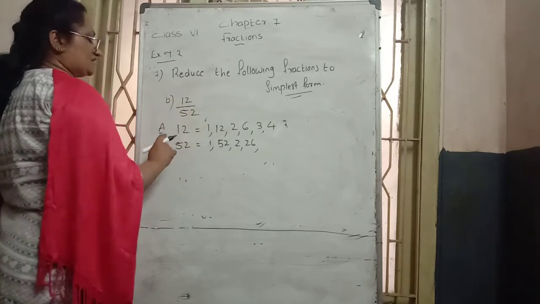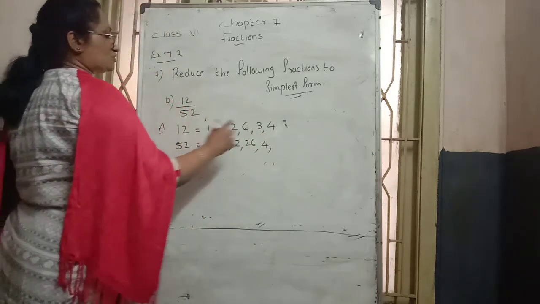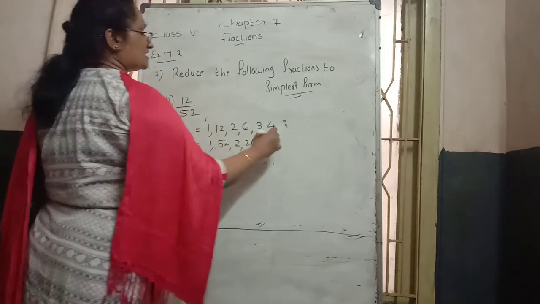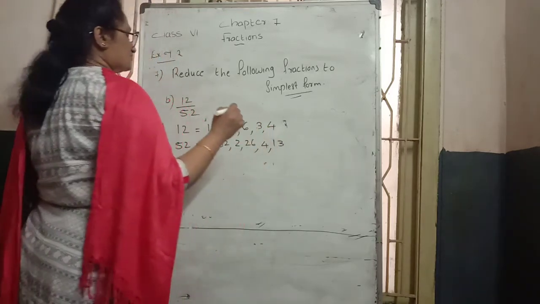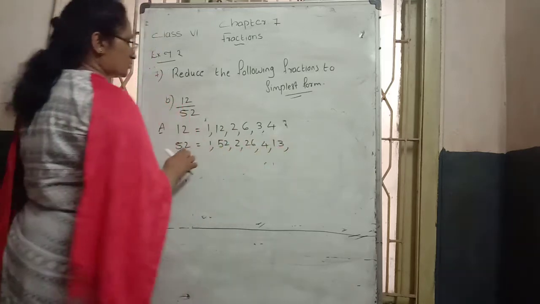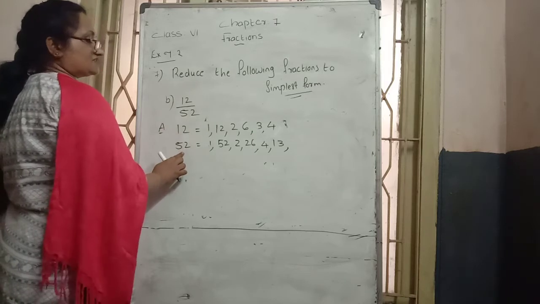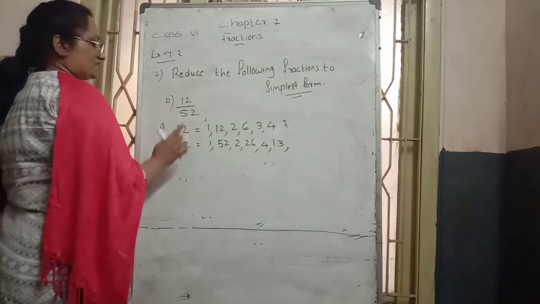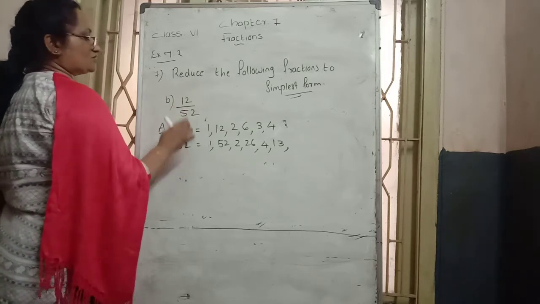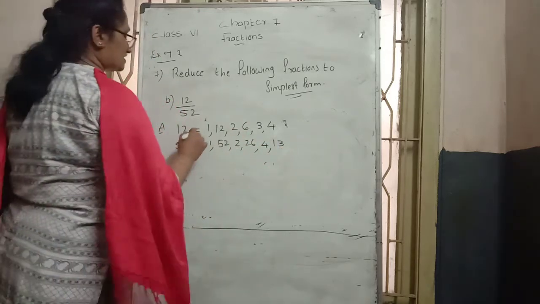Next, the 4 table: yes, possible. 13 fours are 52, so 13 also. The 5 table is not possible, the 6 table is not possible, since 6 nines are 54. The 7, 8, 9 and 10 tables are not possible. These are the factors of 52.